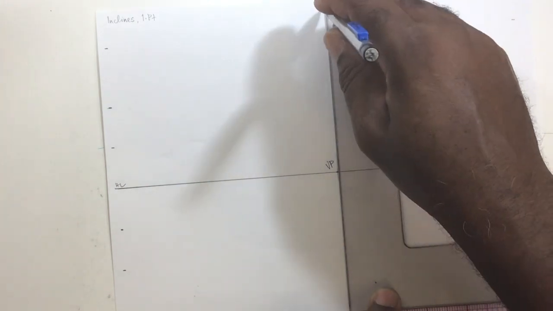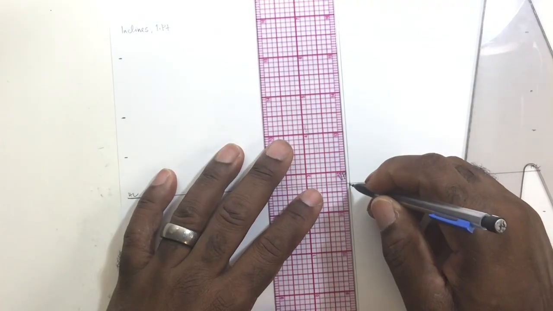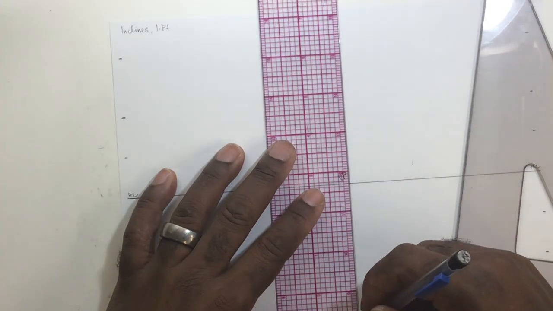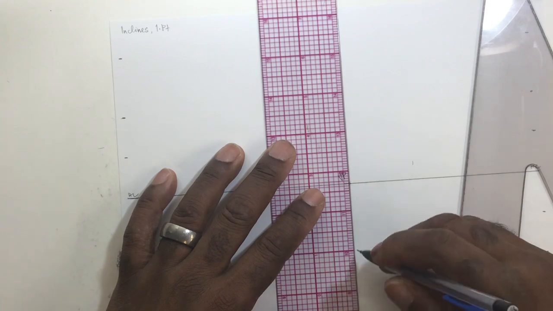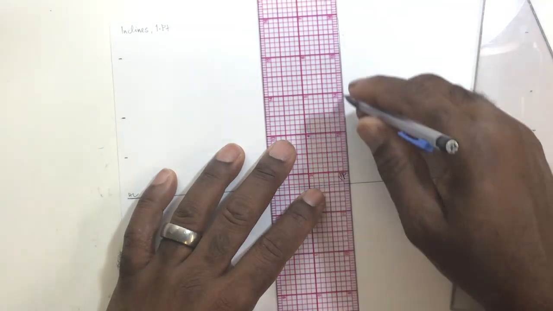What I'm going to start off with is just a basic 1-point perspective, like the most basic way to construct an incline in 1-point perspective.